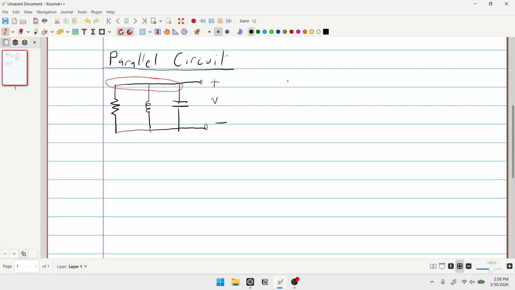We're getting used to this. We would have the current through the resistor plus the current through the inductor plus the current through the capacitor, and that equals 0, right?